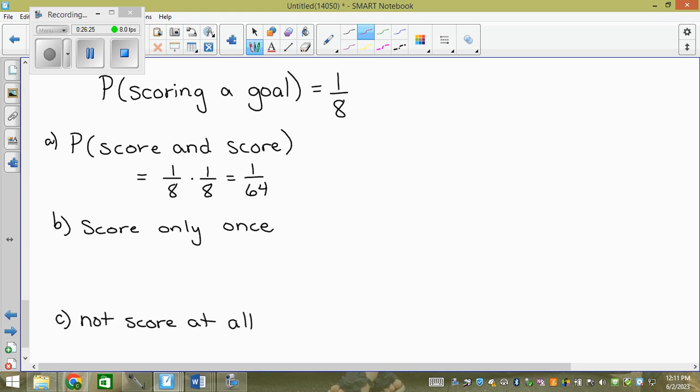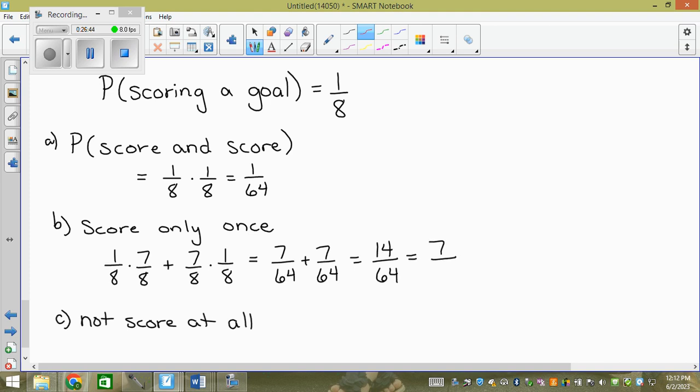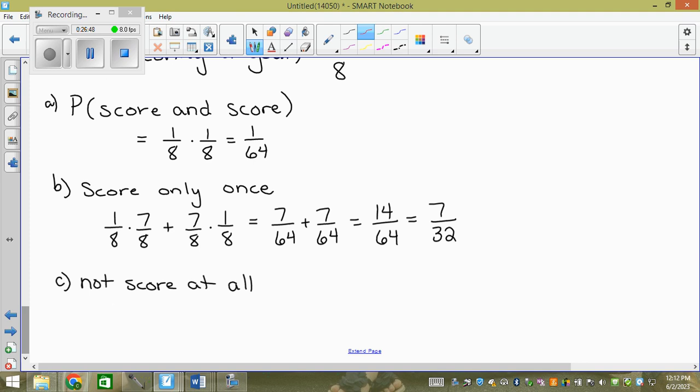So it's 7 over 64 plus 7 out of 64, which is 14 out of 64, or 7 out of 32. And then not score at all, so I would just go 7/8 times 7/8, which is 49 out of 64.